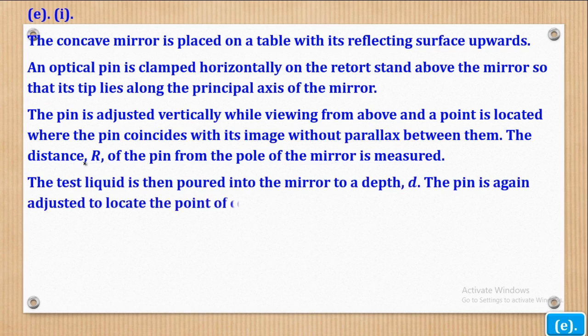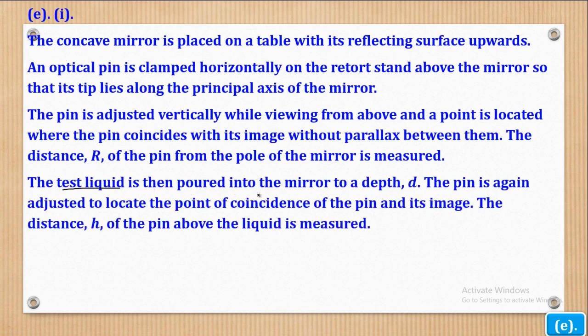So now that we have got this r, we shall now put the test liquid. The test liquid is then poured into the mirror to a depth d. The pin is again adjusted to locate the point of coincidence of the pin and its image. The distance h of the pin above the liquid is measured.